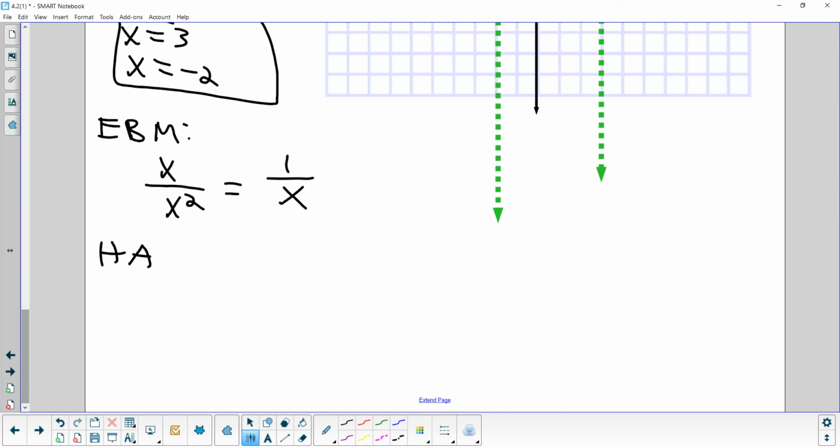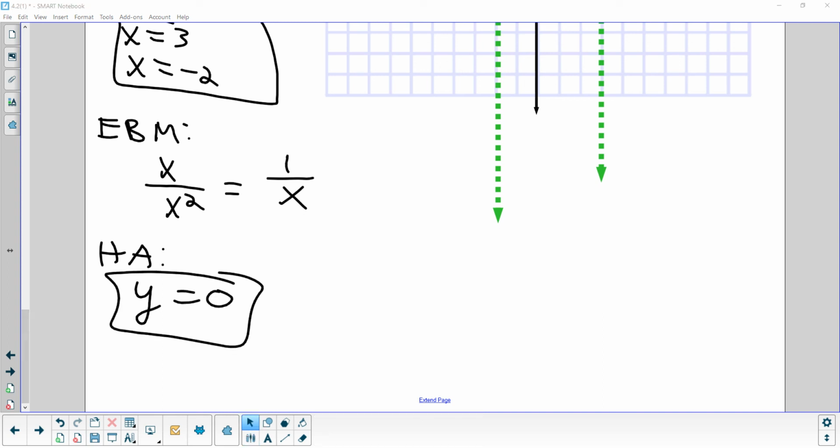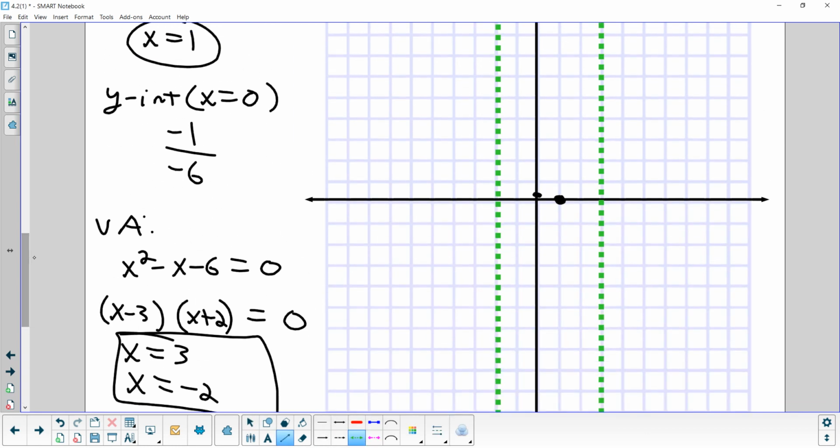Now, horizontal asymptote, let x approach infinity in that fraction and tell me what number my fraction approaches. Yeah, 0. So we have a horizontal asymptote at y equals 0. So I think we've found everything that we can really do by hand.